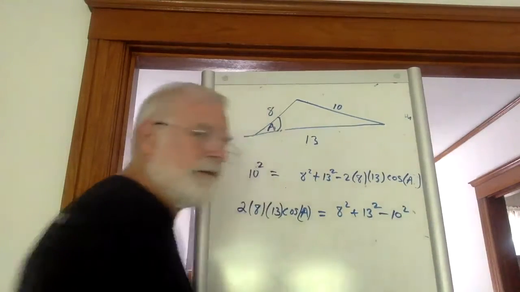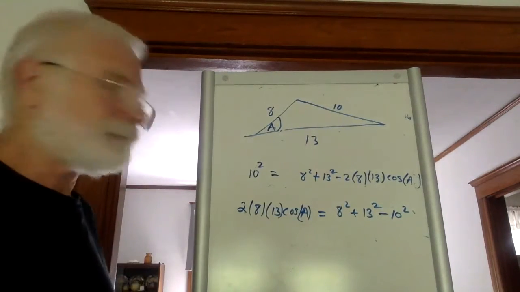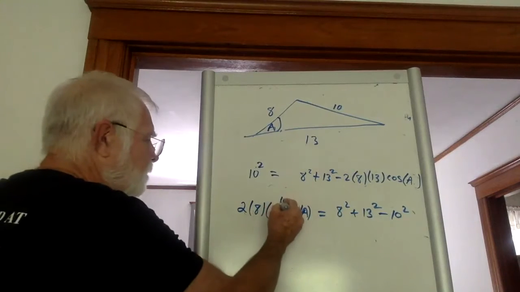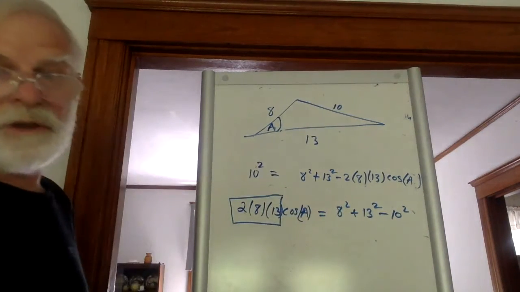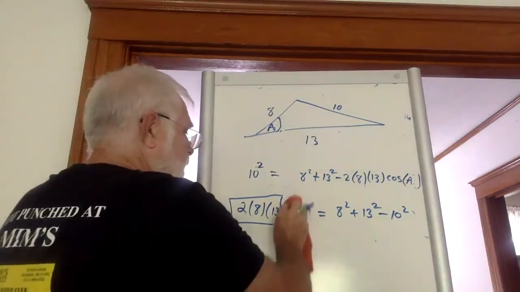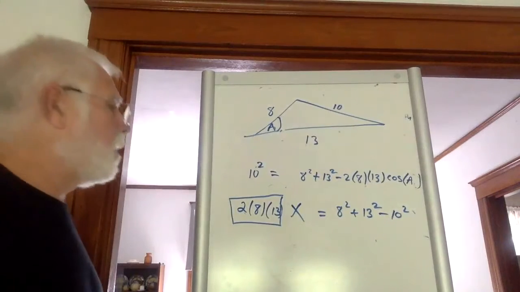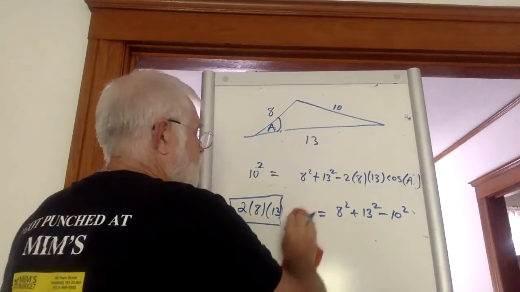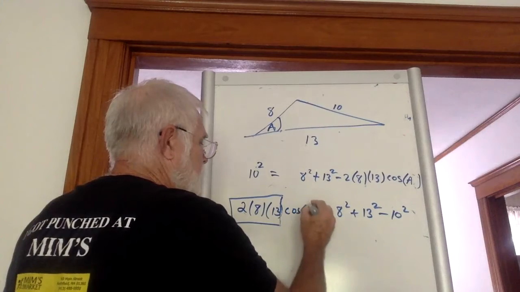There, I haven't lost track of anything. Okay, we're still trying to isolate A. How about we take this multiplication here? Remember, cosine A is just a number. We can call it X, or we'll call it cosine A because that's what it is.